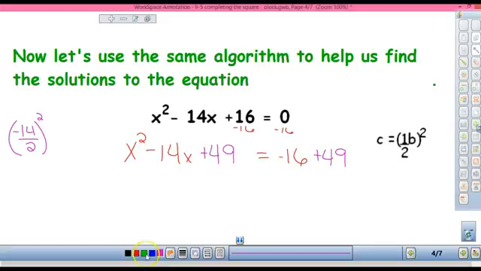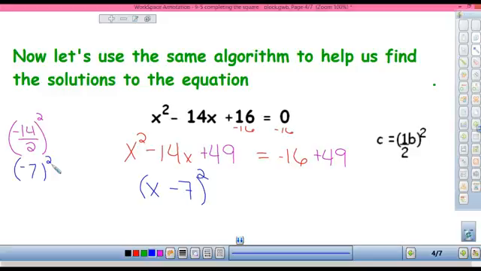Okay, so if I factor this, I'm going to get x minus 7 squared. Notice how over here we had negative 7 squared. It's always going to be this number. So if I have 49, we've got x minus 7 squared.